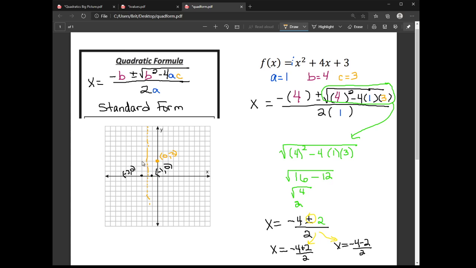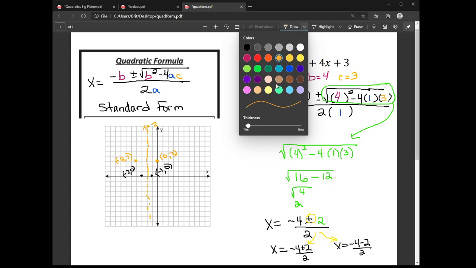So I can reflect this across the axis of symmetry, which gives me negative 4, 3. And because I have that axis of symmetry here at x equals negative 2, I can then find my vertex if I wanted to, by plugging a negative 2 into the function.